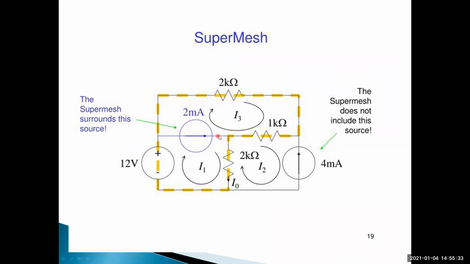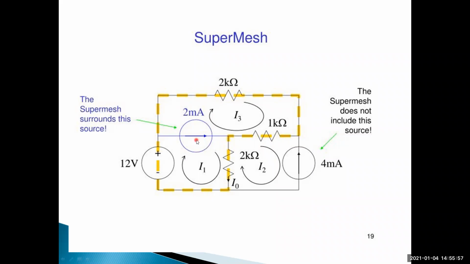If any resistor is connected in series, that is not a super mesh. Try to understand: only one current source is connected in between these meshes, in this manner, and this is called a super mesh.